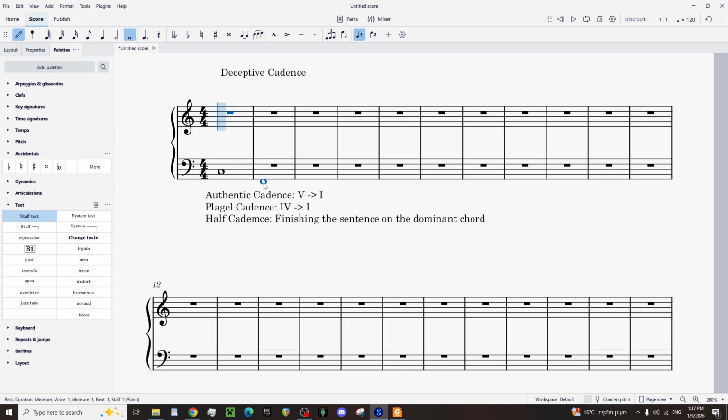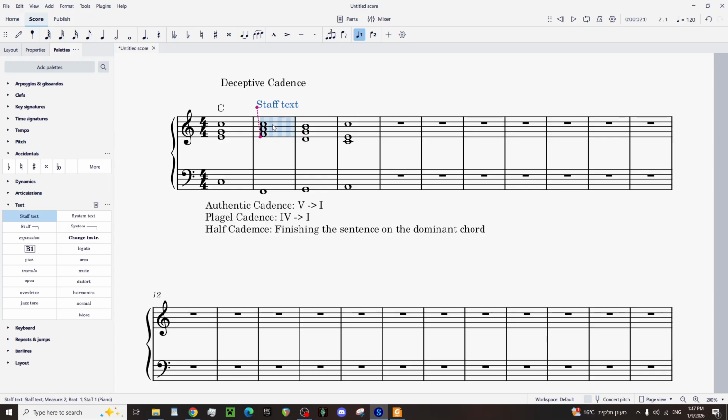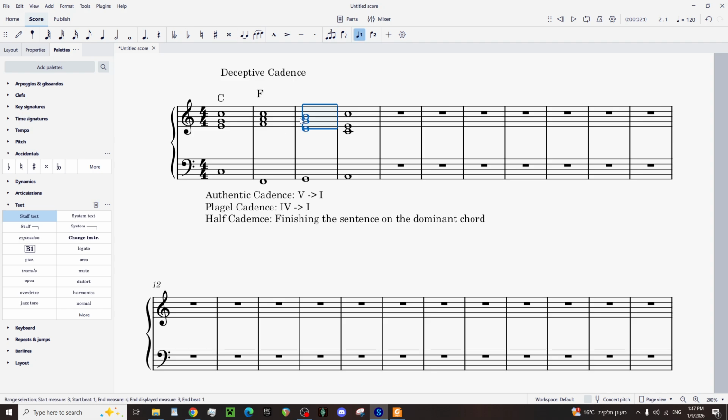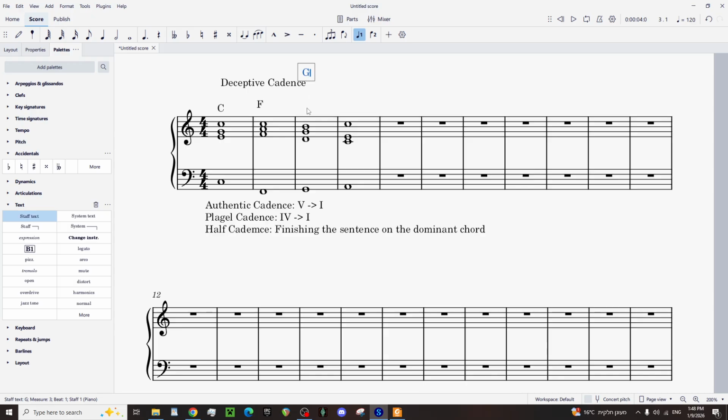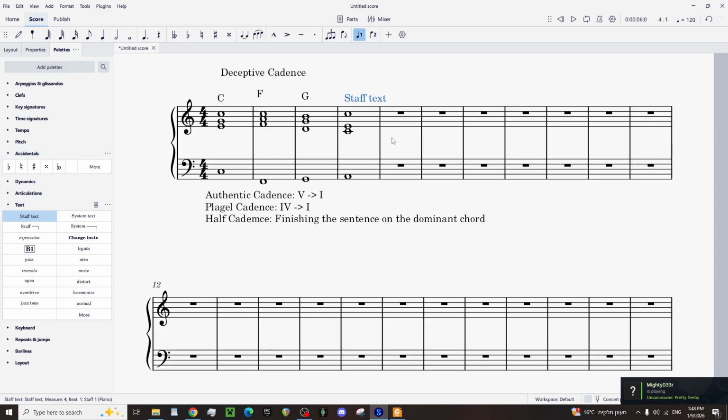But what people will usually do is go to the sixth degree, the submediant chord. So let's show you an example. That's an F. That's a G. So that would be a C. That would be an F. That would be a G. And that would be an A minor.